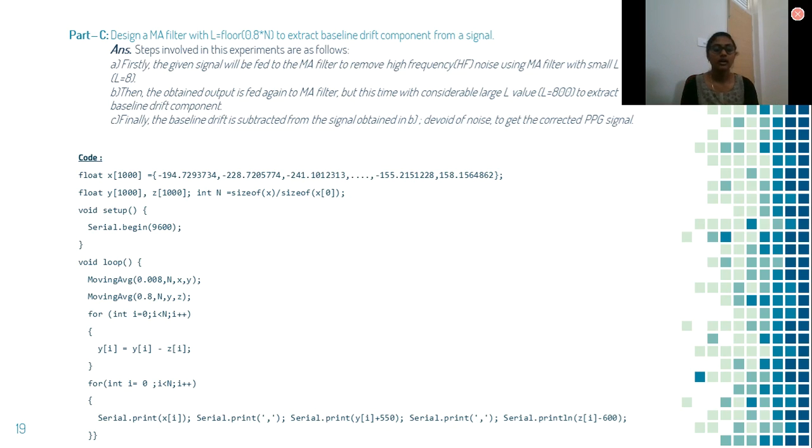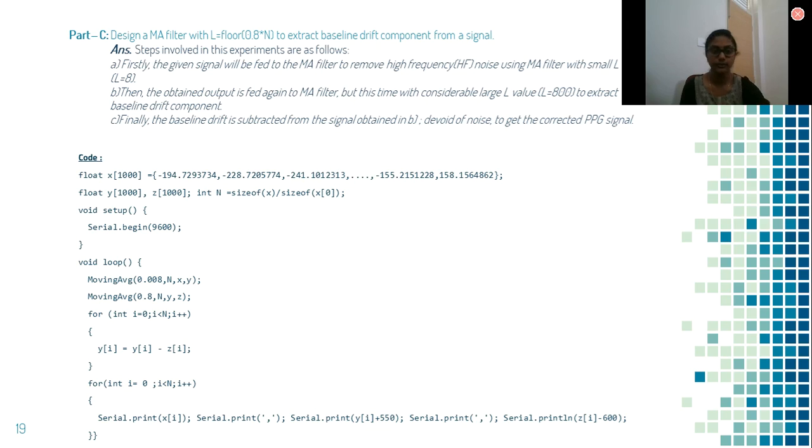So let us now find the baseline drift for L equal to floor of 0.8 times n. As usual, we'll give the samples, that is the input, and we'll take the output, and we'll find the size of the array which we actually initiated, and we'll be communicating at a baud rate of 9600. We already have created the function of moving average.